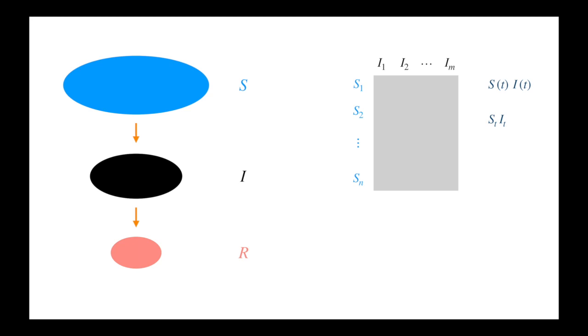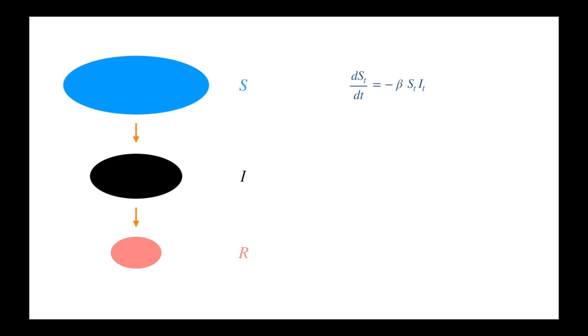So the rate of change from S to I, which is the change in the number of susceptibles with respect to time, will be proportional to S times I. Let's represent this rate by beta. This beta captures both the contact rate between the individuals and the probability of transmission of the virus, so we are talking broad averages here.